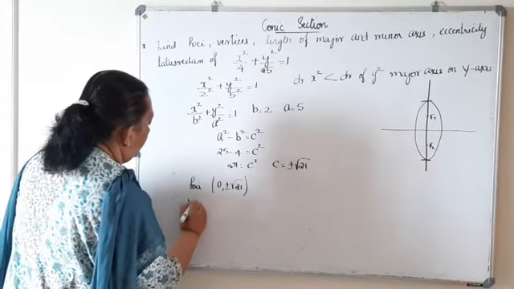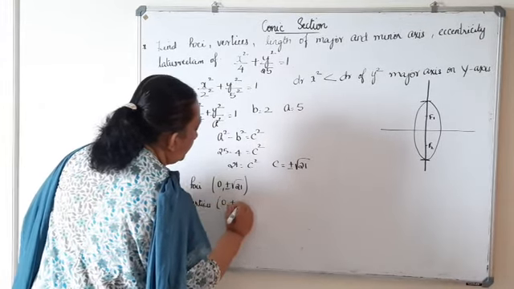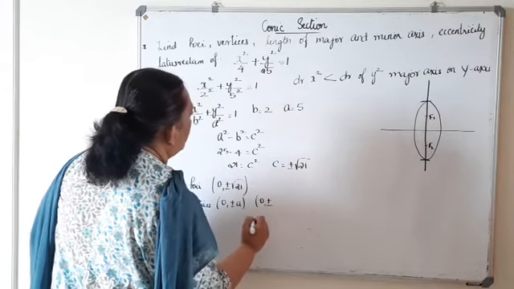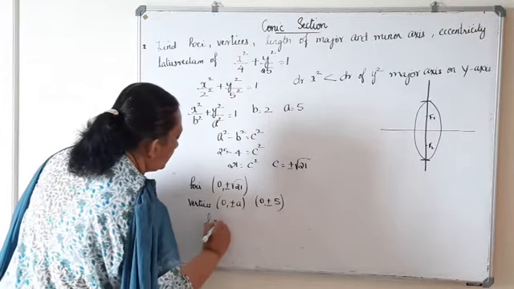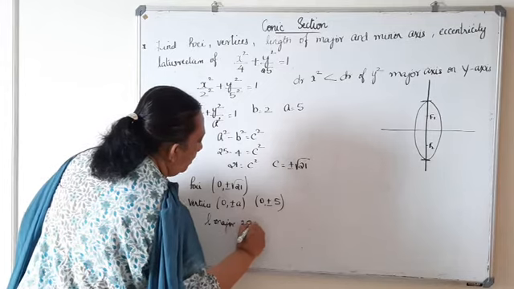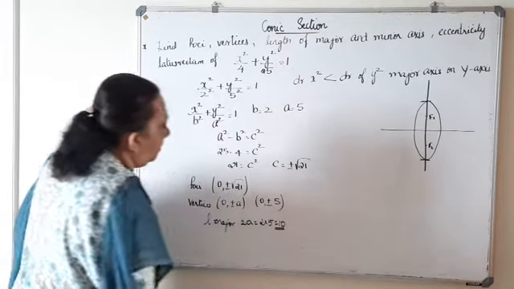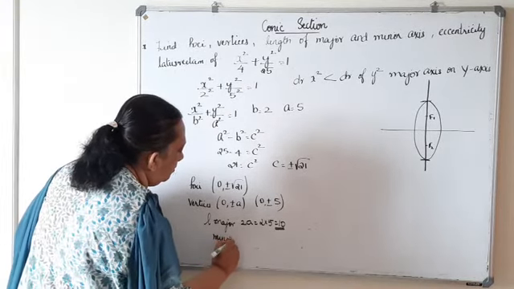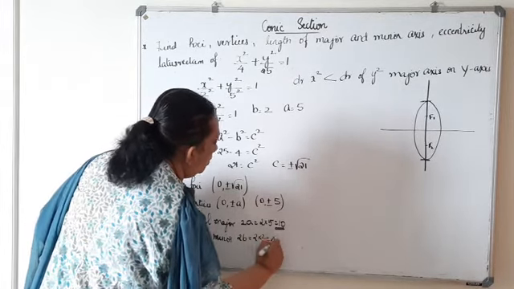Vertices: 0 comma plus or minus a, 0 comma plus or minus 5. Length of major axis is 2a. 2 into 5, 10. Length of minor axis is 2b. 2 into 2, 4.